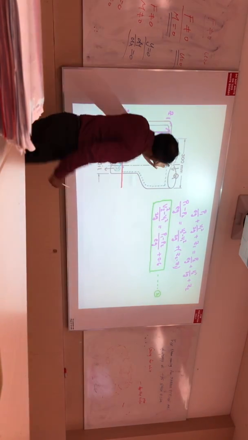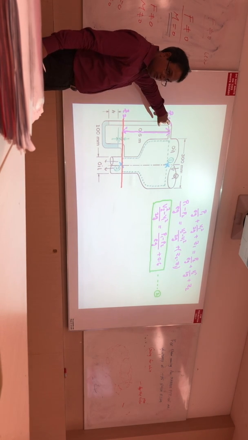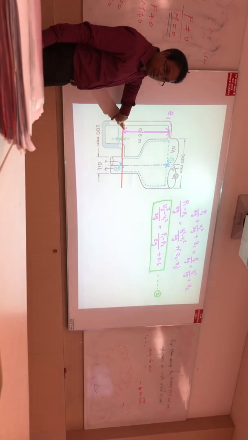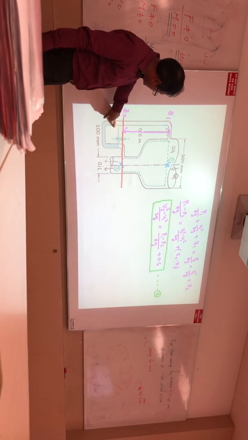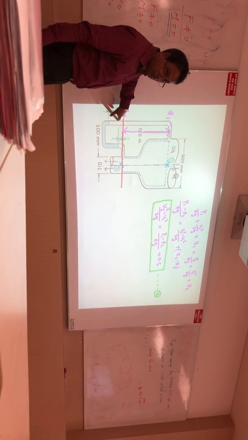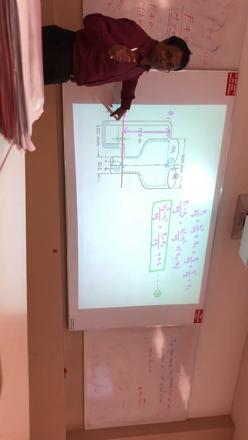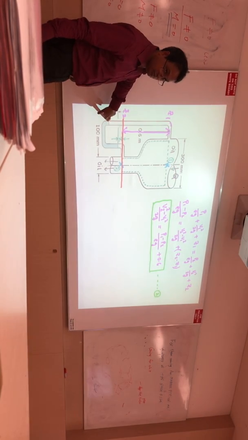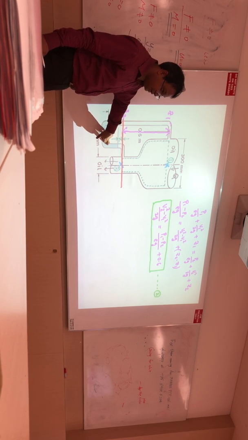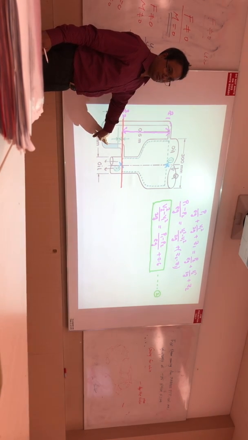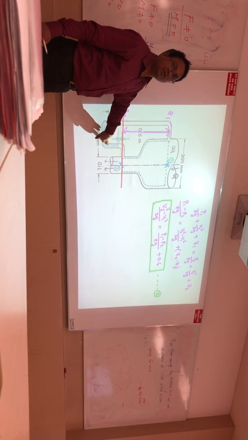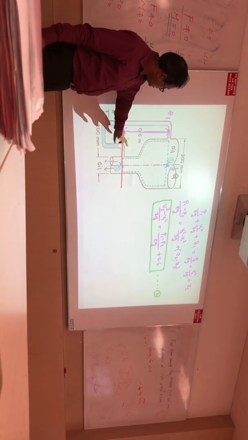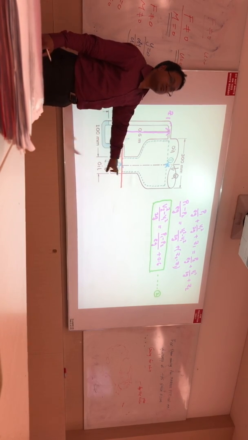I can write P1 plus rho G H oil times 0.6, correct? Plus rho G H of x plus the distance from here to here is h, which is 100 millimeter in the question. Then from here to here, negative, rho G H of, what is rho? Rho is mercury. Then here is equivalent to P2.